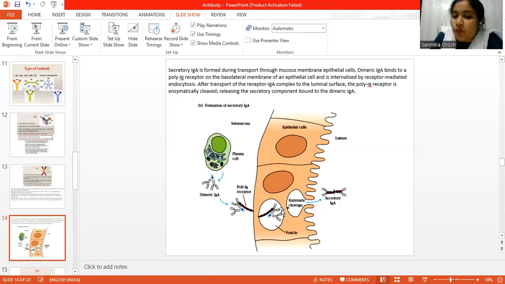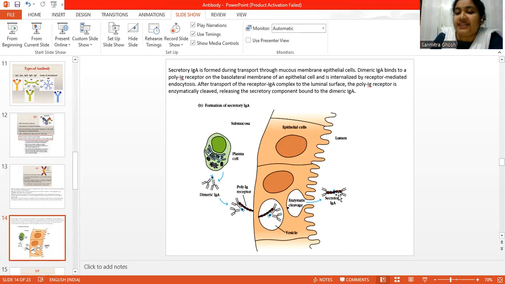Okay. So once it has been internalized, a vesicle has been formed, and inside this vesicle, different lytic enzymes are present. Okay. So these lytic enzymes will now cleave this poly-Ig receptor to release a portion of it. And that particular portion is referred to as the secretory component.